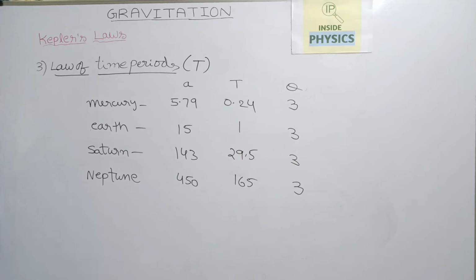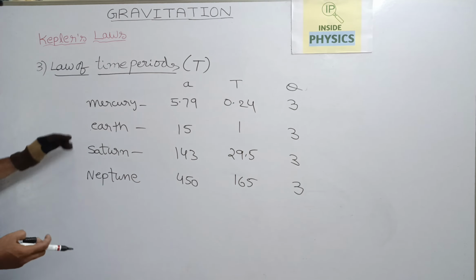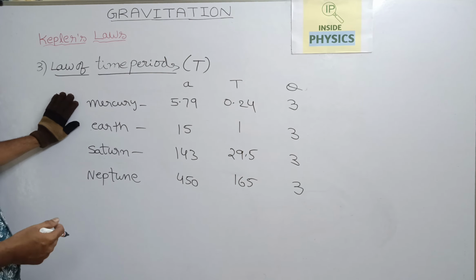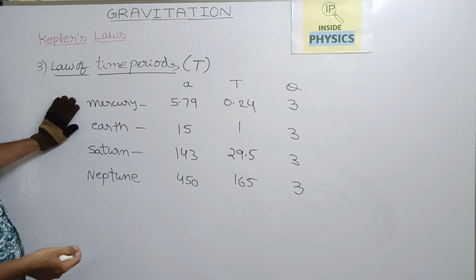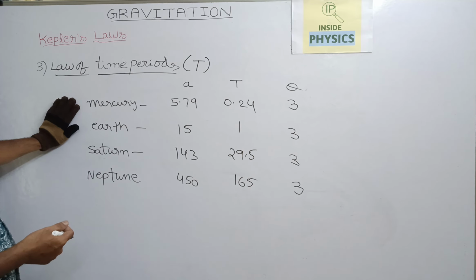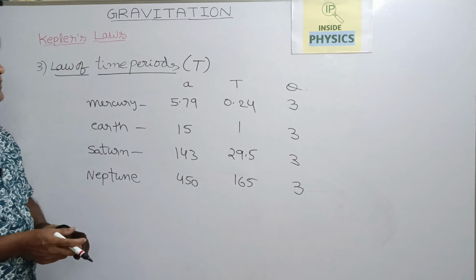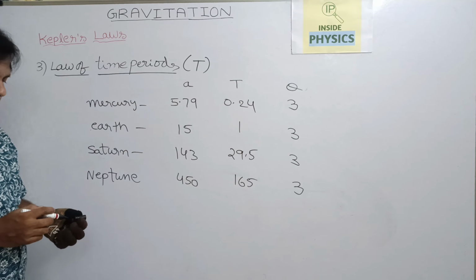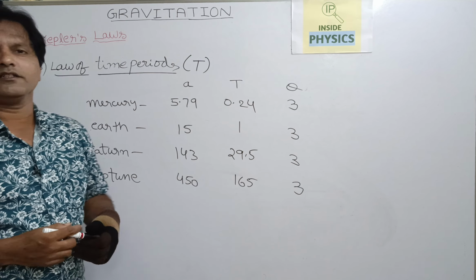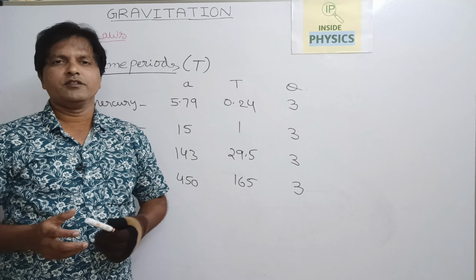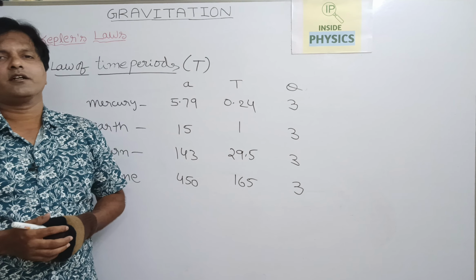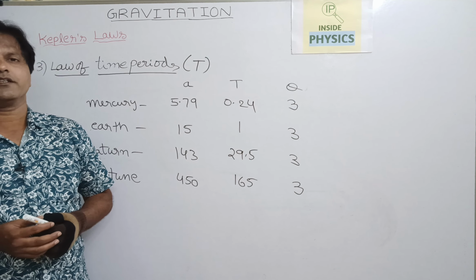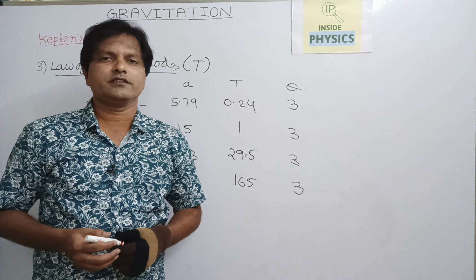So this is how we observe the planets, their distances from the sun and their time periods. So the law of time periods is a very valid law, and it was proven to be very right. So here we end this session. We will come with some more interesting topics in the next video.